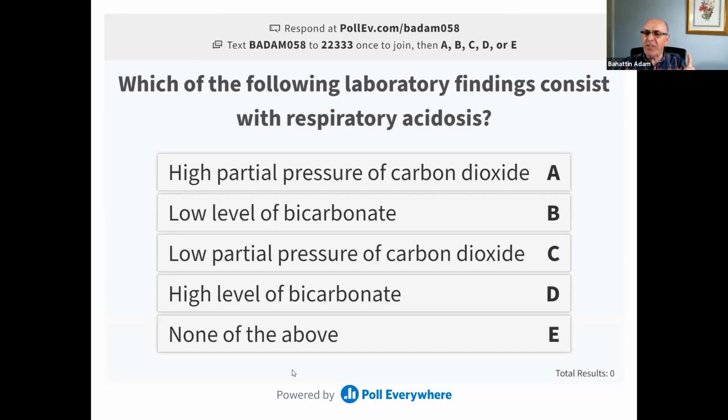Respiratory acidosis, as the name implies, is associated with the lung, with respiration. Okay, metabolic acidosis is related to metabolic dysfunction. Let's see.